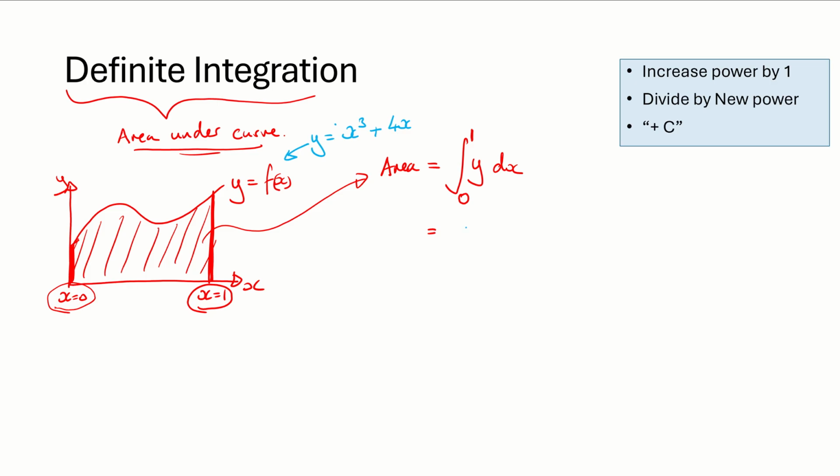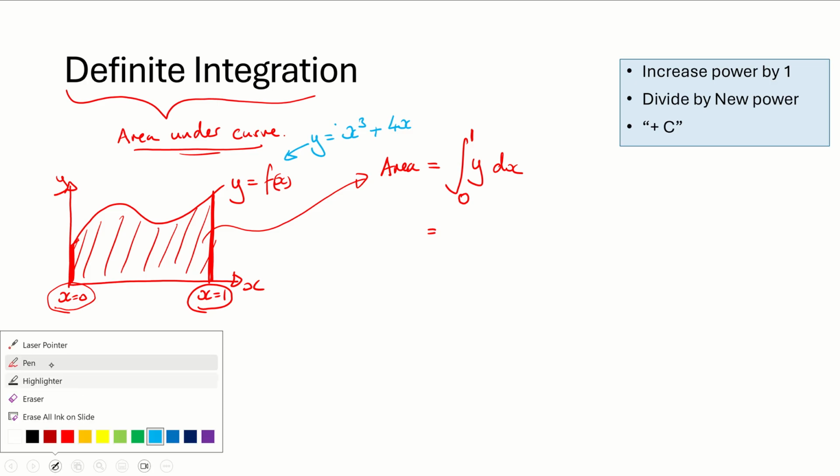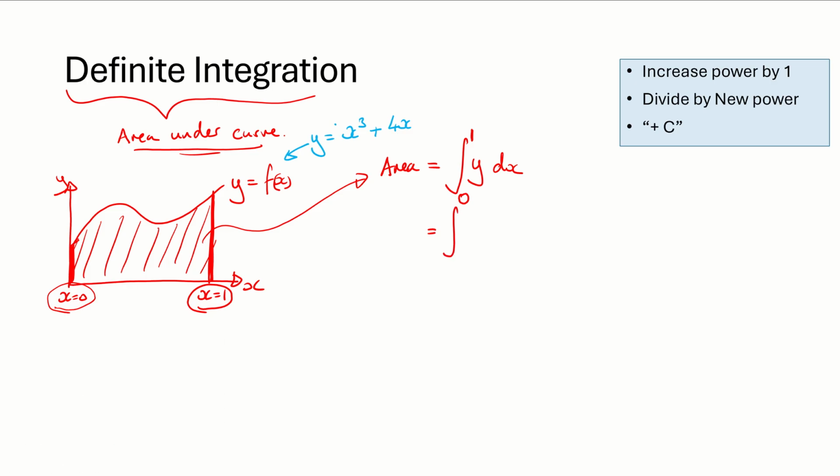So what we want to do here is integrate x cubed plus 4x with respect to x, but we want to have these limits. So we want to put the 0 and 1 at the bottom and top of that integral sign. All right, so let's follow this rule that we've got so far.